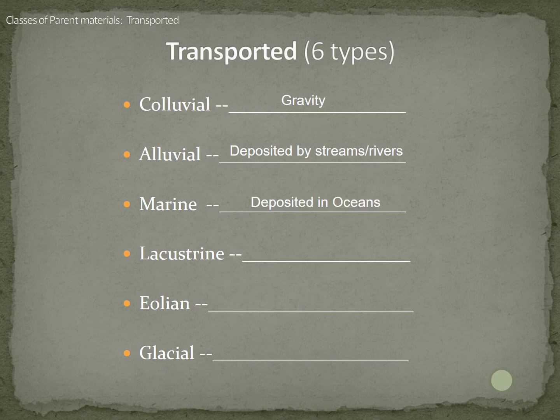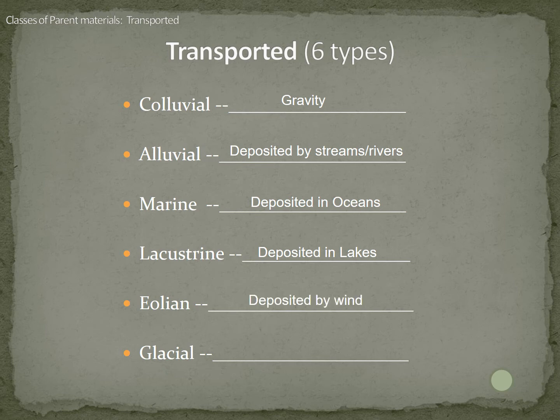Marine parent material was deposited in oceans. Lacustrine parent material was deposited in lakes. So you're noticing that we're breaking up the different types of transported by the type of water that moved it. Alluvial was streams and rivers, marine was oceans, lacustrine was lakes.